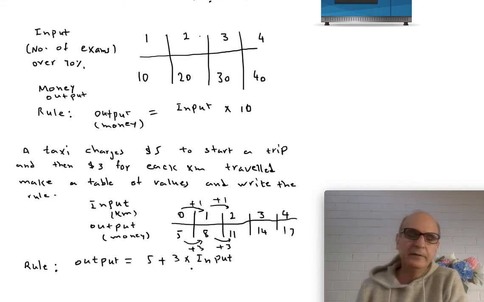Then you can choose any set you like, 4 and 17, for example, or 3 and 14, whatever you want. Then you say, okay, if I put 4 here for input, it's going to be 3 times 4 is 12 for output, but still I'm 5 short to get to 17. So I need to add 5 to that. That is another way of thinking about writing the rules. Thank you for your attention.